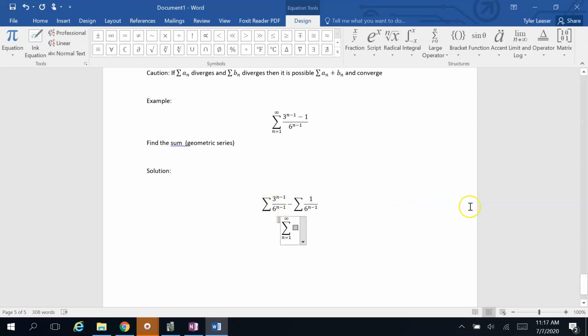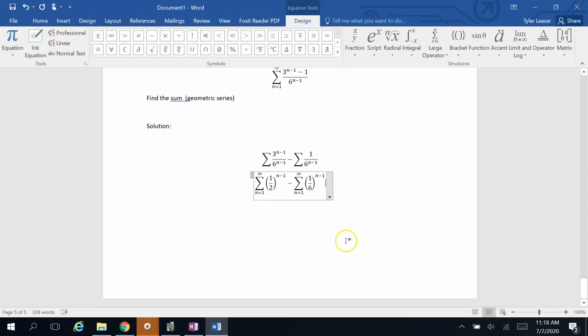That's going to be a 3 over 6, which simplifies down to be 1/2. And then that 1/2 is going to be to the n minus 1 power. That's going to be minus this other infinite series that's also going from n equals 1 to infinity. And this one I'll write as 1/6 all to the n minus 1 power.